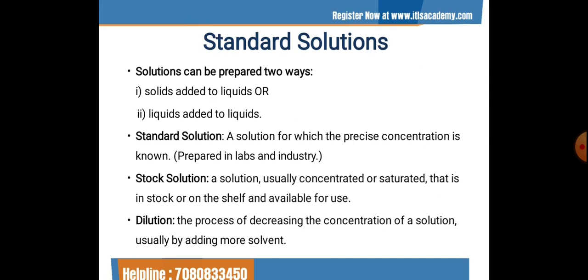Next is the standard solution. Solutions can be prepared in two ways. First is the solid added to liquid, and second is the liquid added to liquid. In the first way, we can add a solid component to a liquid material.